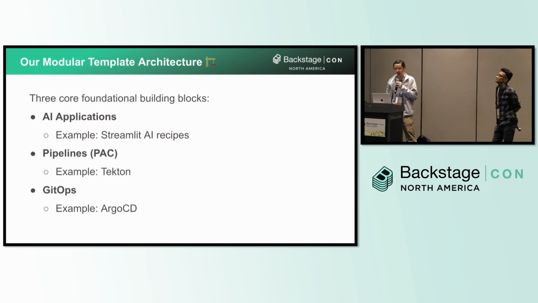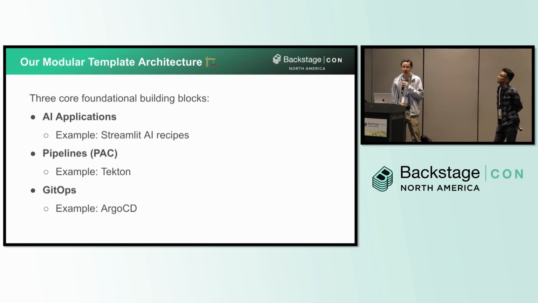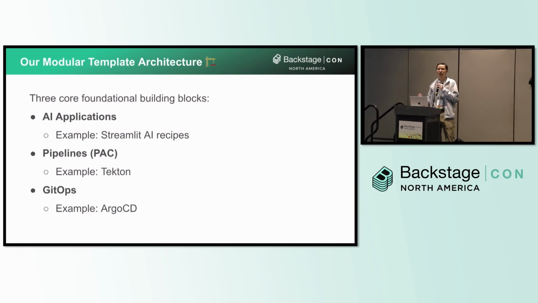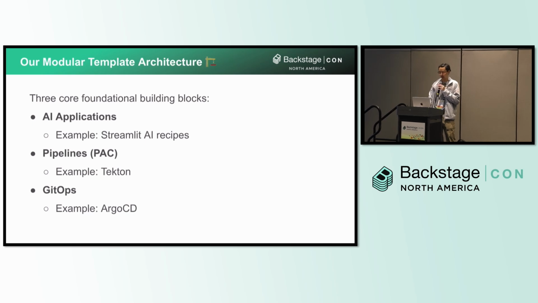Argo CD applications and customized overlays allow us to do environment-specific deployments. Note that Streamlit, Podman AI recipes, Tekton pipelines, and Argo CD are all technologies of our choice. By using the same type of modularized design, you can easily replace them with the pipeline and the GitOps of your choice.